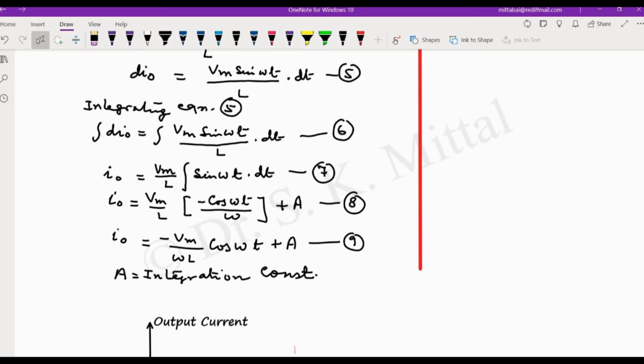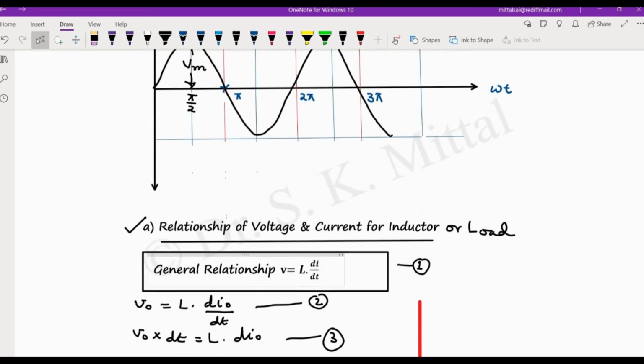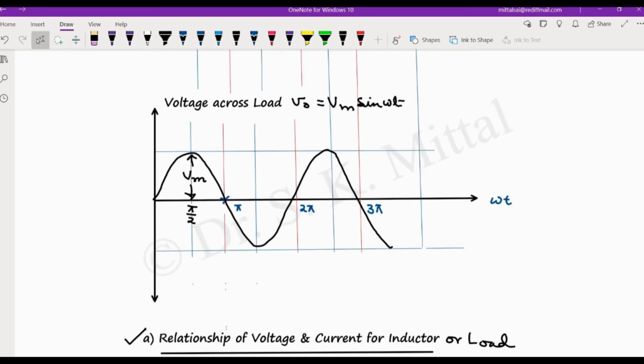Now, to calculate the value of integration constant a, see this expression or waveform of output voltage at omega t is equal to 0. This is the point of omega t is equal to 0, and at omega t is equal to 0, what is the output voltage magnitude?